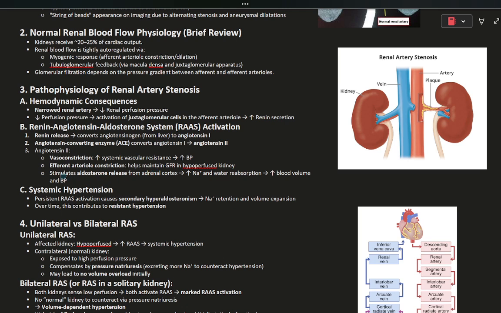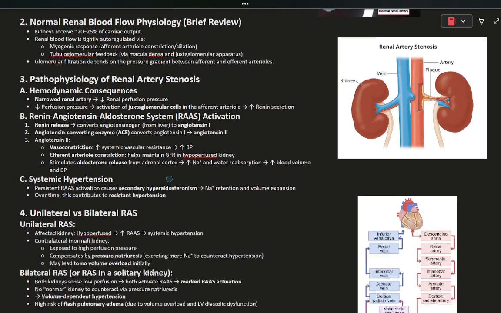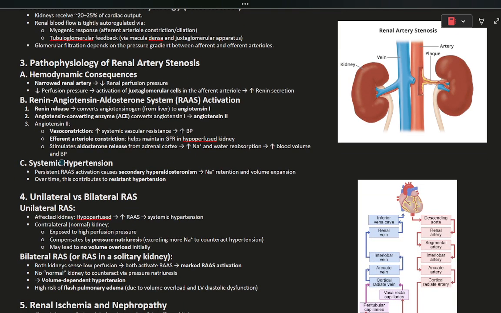Finally, the angiotensin II will stimulate aldosterone release from the adrenal cortex, and the released aldosterone will facilitate increased sodium and water reabsorption, thus resulting in increased blood volume and blood pressure due to water following the sodium based on principles of osmolarity. So, with all of these activations, there's ultimately going to be systemic hypertension.